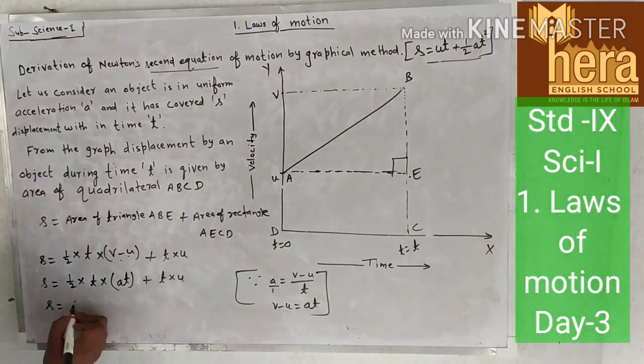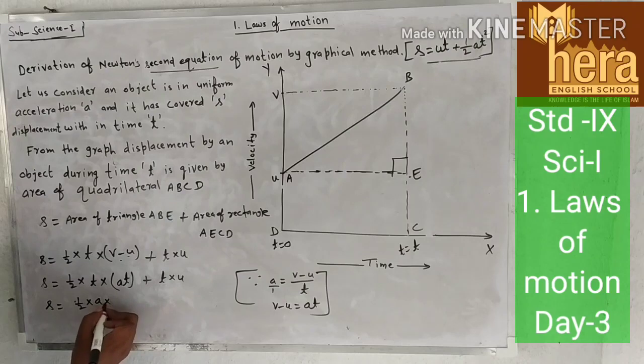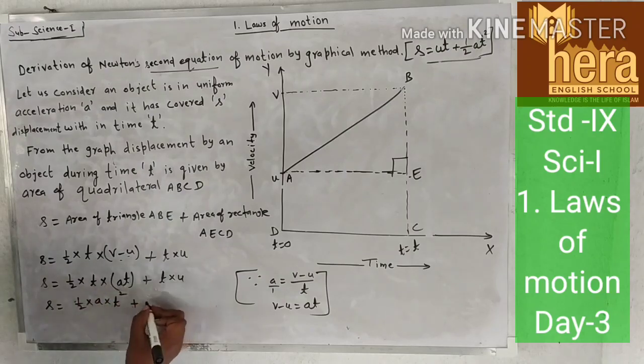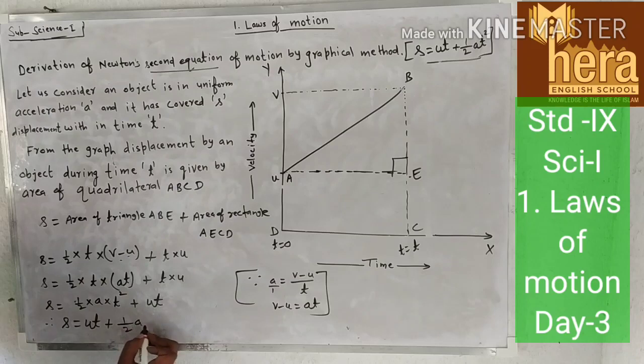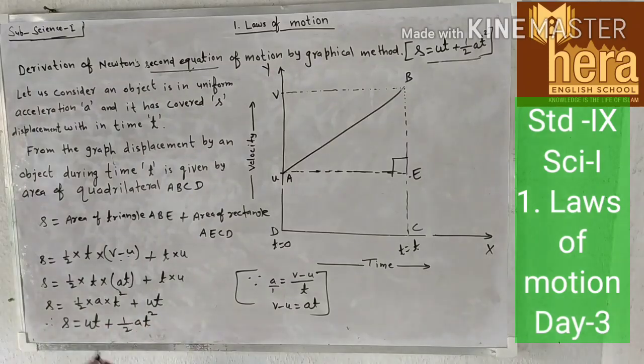So S will be equal to 1 upon 2 into a into t into t, that is t square, plus u t. If you arrange it, first u, then t, S is equal to ut plus half at square.